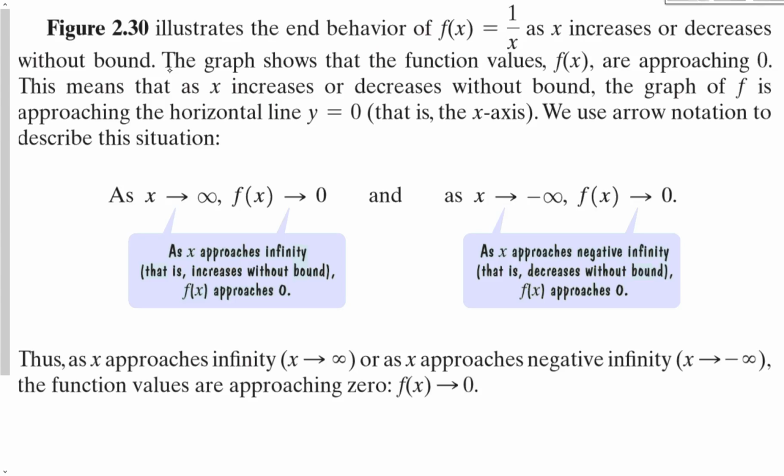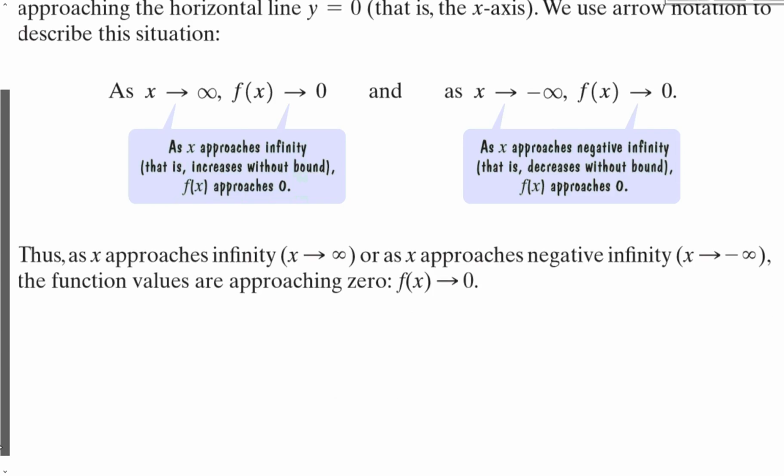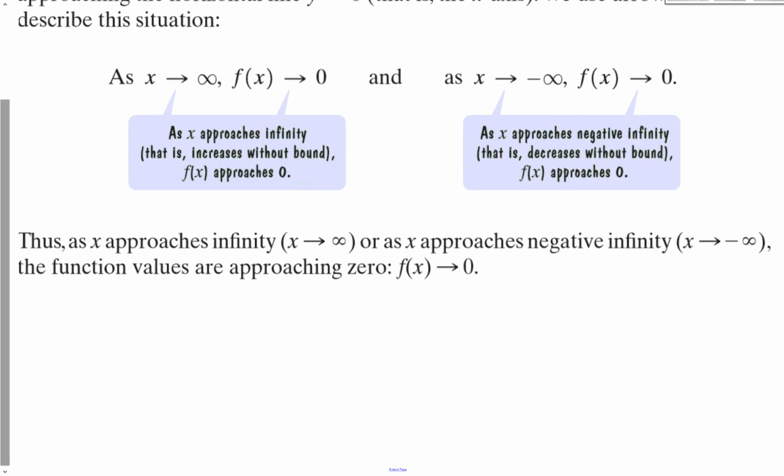We can use arrow notation to describe this situation. As x approaches infinity, the function approaches 0. As x approaches negative infinity, the function approaches 0. Thus, as x approaches infinity or negative infinity, the function values are both approaching 0.